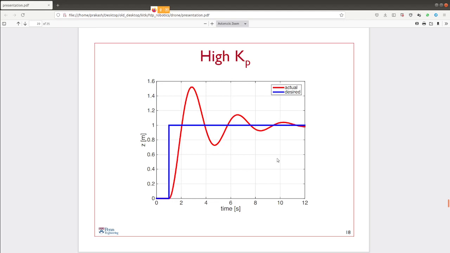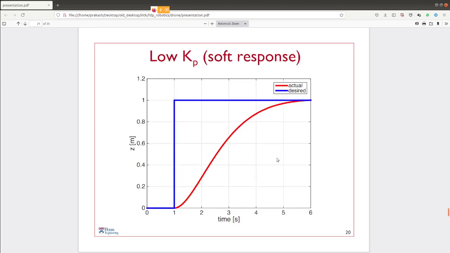But at the same time, if the damping is more, if the Kp value is less compared to the previous value, or the Kv value is more, then instead of going from here to here smoothly, it will take more time to reach the equilibrium position. It is like an overdamped system.